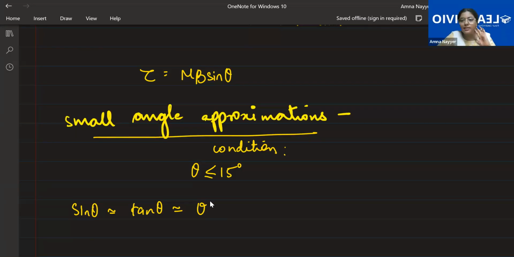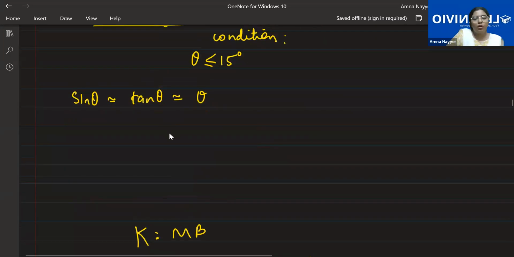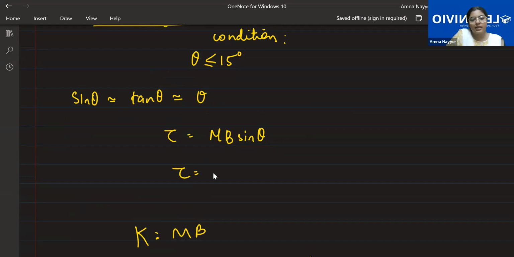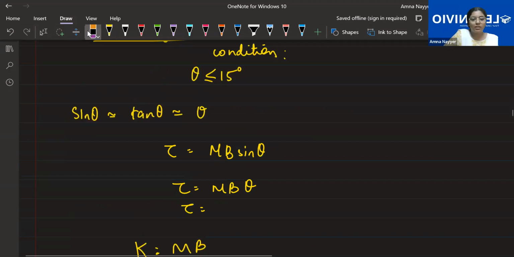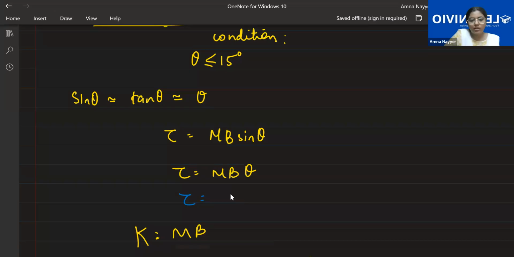So you can write this as 3 or whatever the number is. So torque equal to MB sine theta can be written as MB theta. Along this equation, torque is equal to K theta. Can we say from this side K is equal to MB?